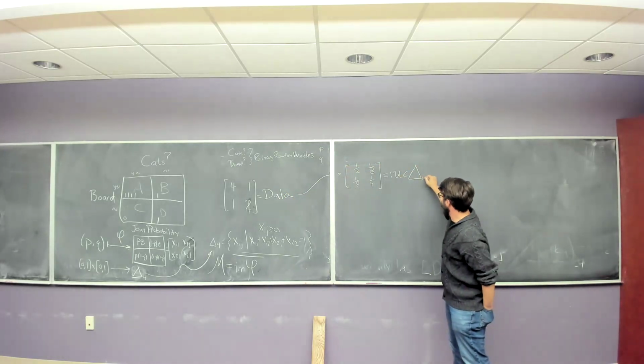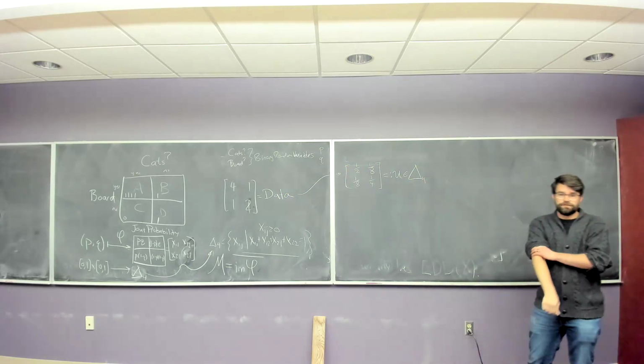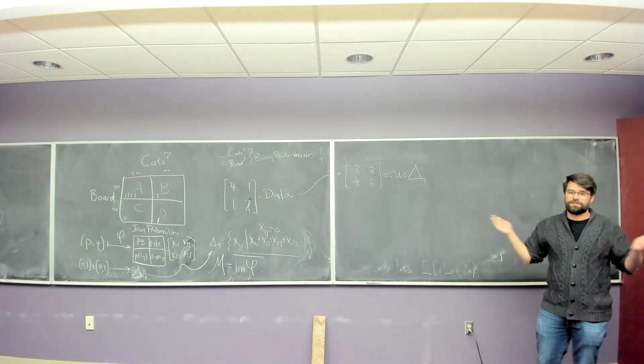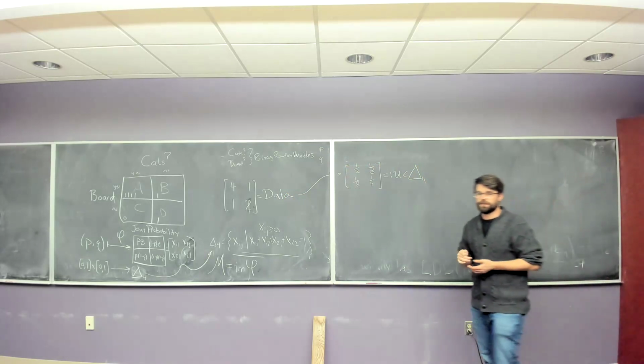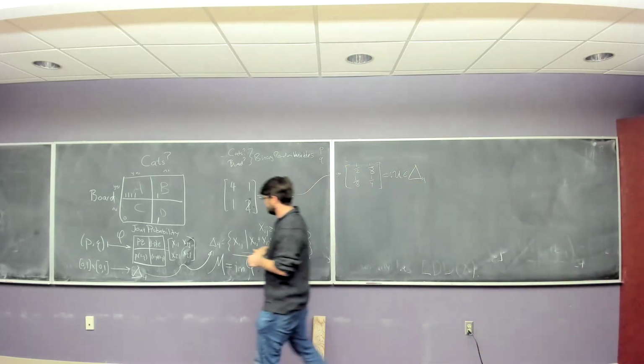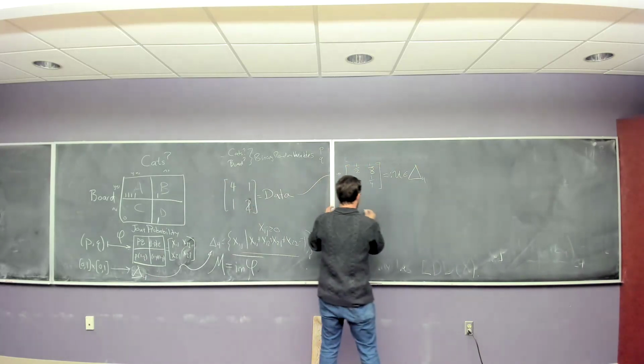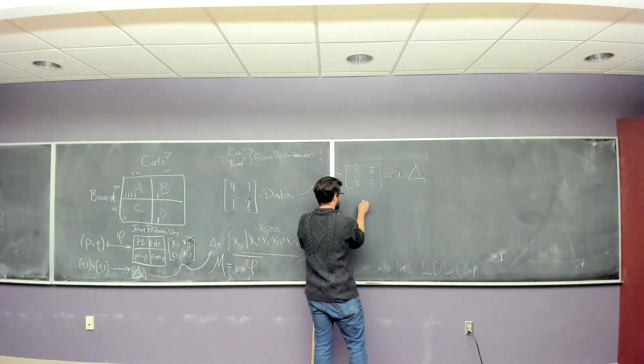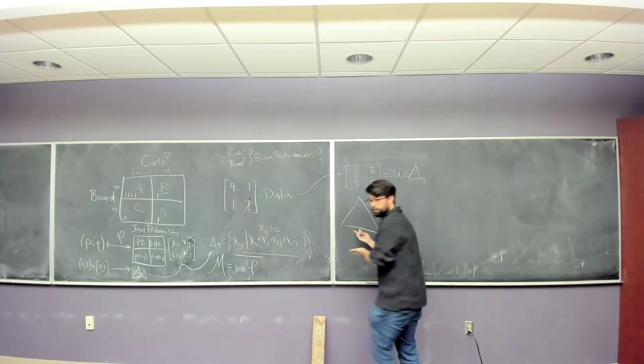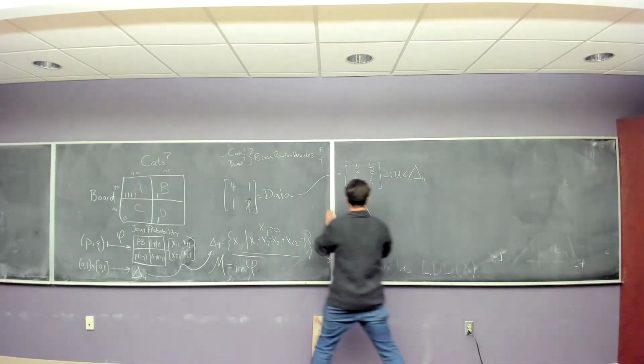By the way, we're just scaling so that we actually land in this probability simplex. So now for my cartoon. That's my cartoon of the simplex, just a triangle.